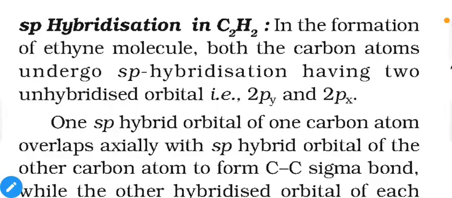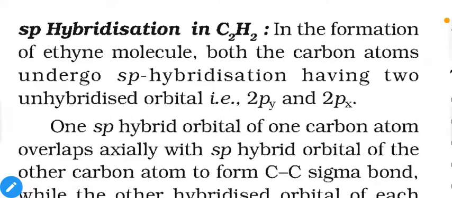So let us talk about the hybridization of carbon in C2H2. Details are already mentioned in this topic, so you can read it yourself. We are going to discuss it with structural representation. So in C2H2, carbon-carbon contains a triple bond and carbon-hydrogen contains a single bond.